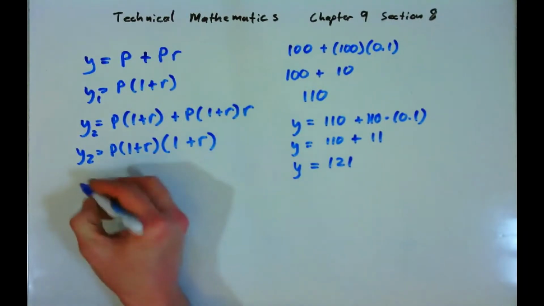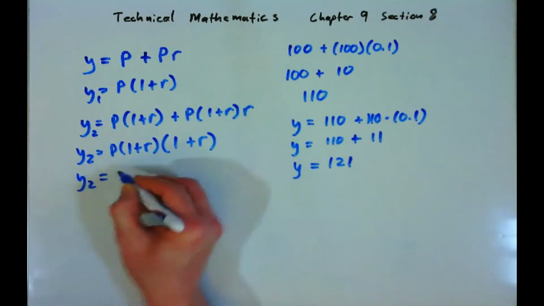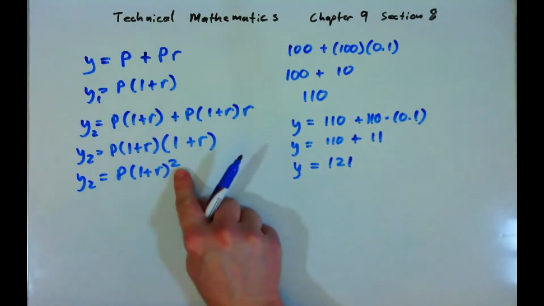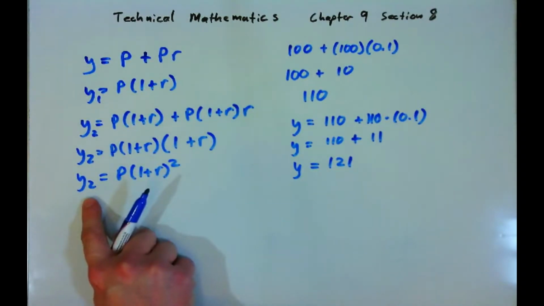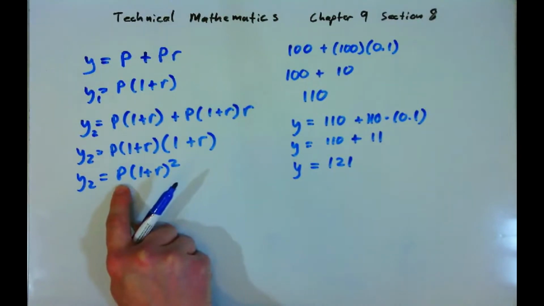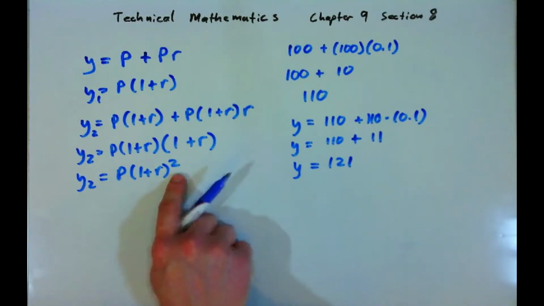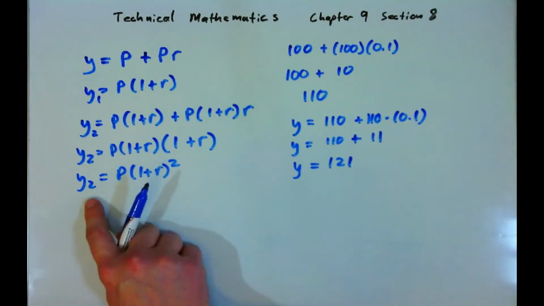And so 1 plus R times 1 plus R is 1 plus R squared. So at the end of the second year, whatever your initial investment was, $100, times 1 plus your interest rate squared is how much money you will have.